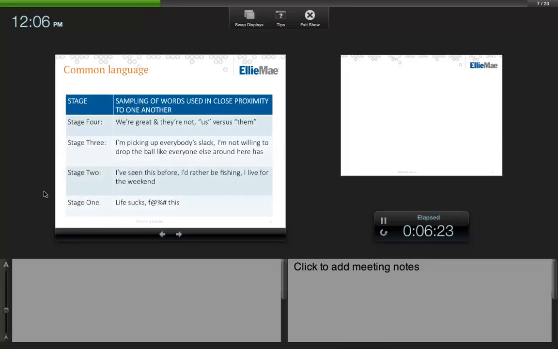And the common language of each team, if you look at it, stage one teams, life sucks for them. And they say, fuck this. I don't want to do this. That's a stage one team. We don't want to be around them. Stage two teams, they've seen it all. I've done that. I've tried this approach that you're talking about. It didn't work. I'd rather be fishing.